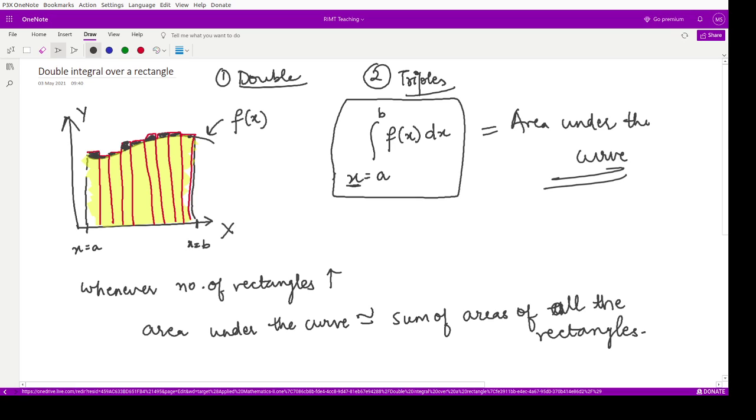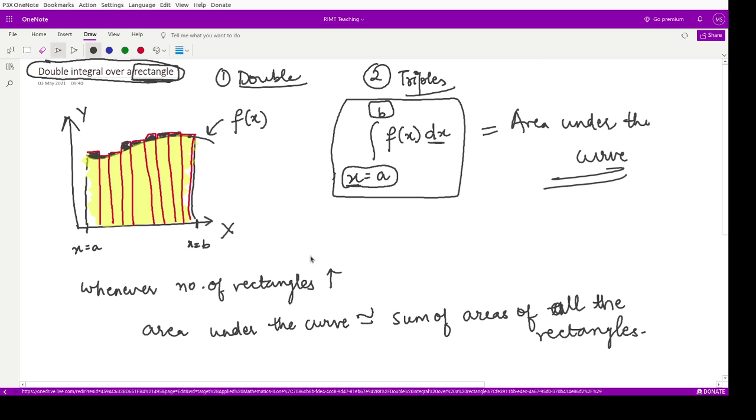Firstly, we'll study the double integral over a rectangular region. So in this case of one variable, one integral, your limits are only defined on one particular axis. In double integral, your limits would be defined on two axes. So you will be talking about some region.